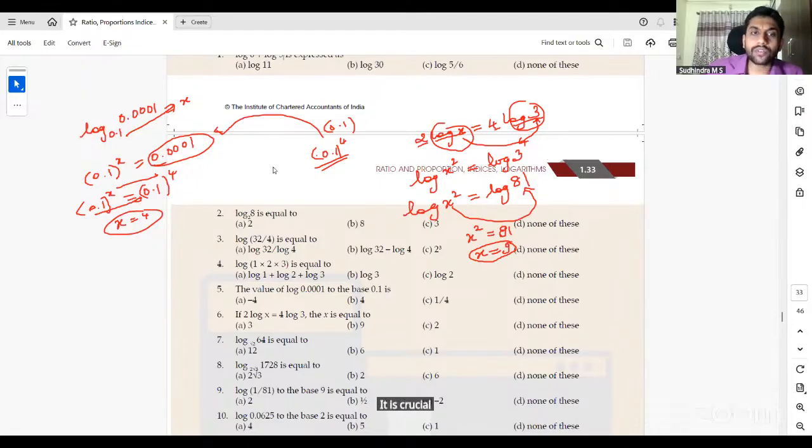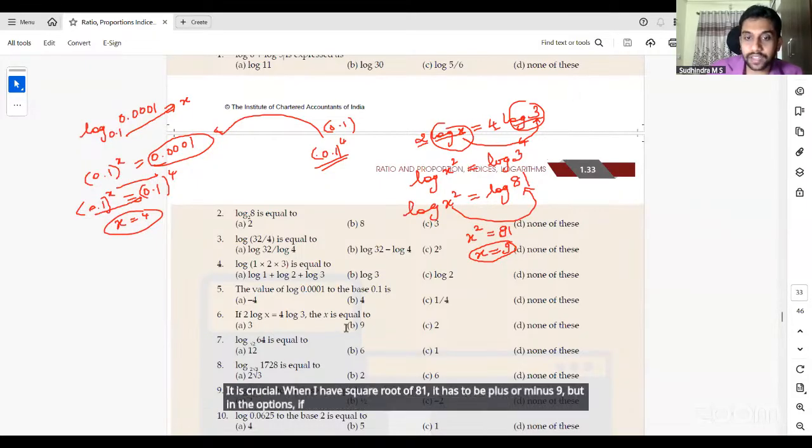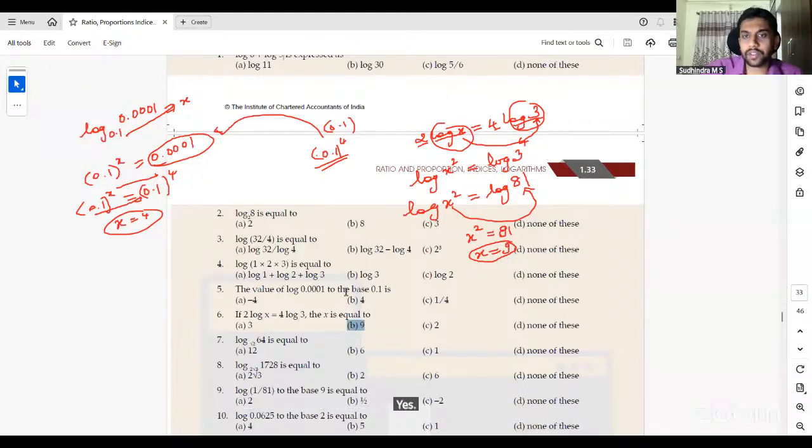When I have square root of 81, it has to be plus or minus 9. But in the options, I have plus 9, so I will choose that. Yes, Nandita. Now correct. I think that is all. Okay, previous question. Fine.